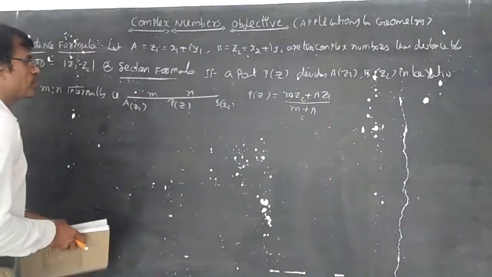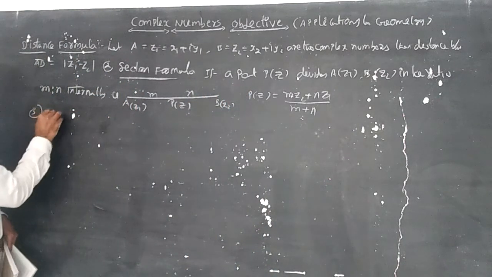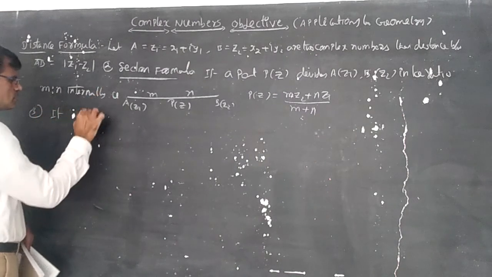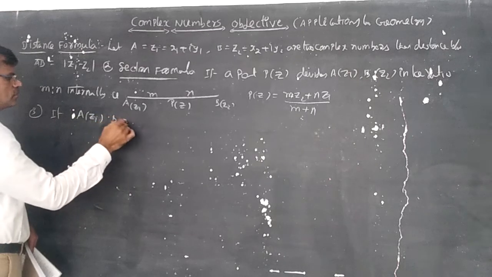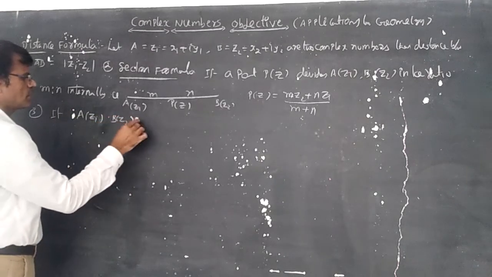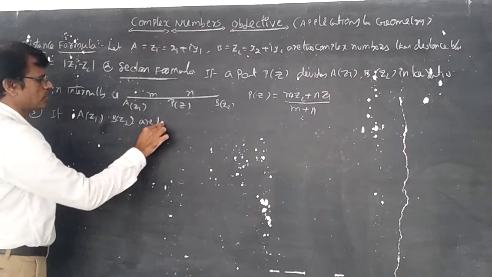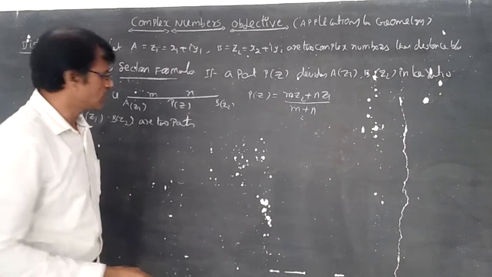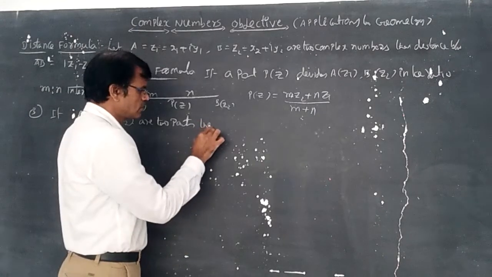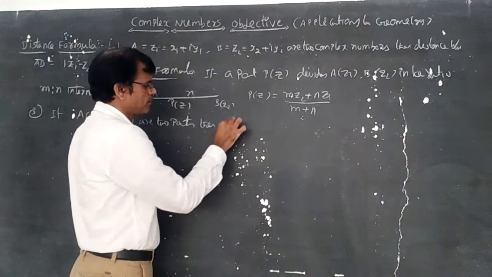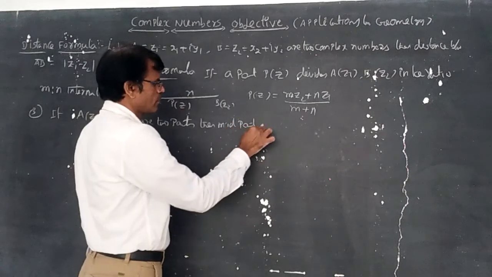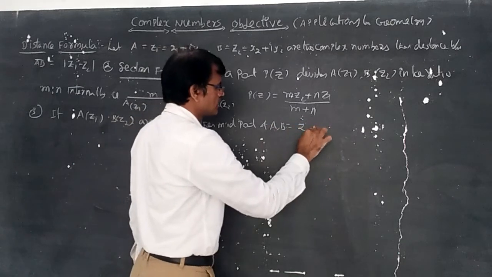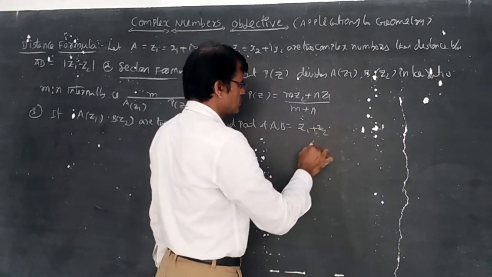Now, the midpoint concept. If A(Z1) and B(Z2) are two points, then the midpoint of A and B is equal to (Z1 plus Z2) whole by 2.